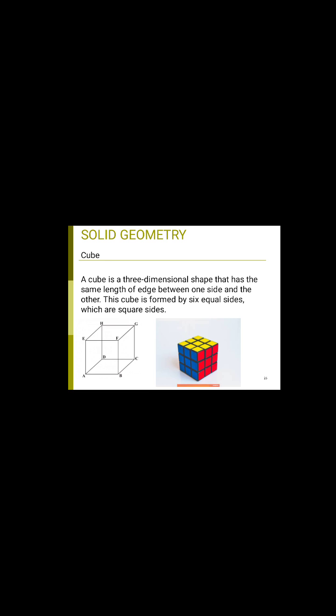Second, the edges of the cube are the same length. Third, the diagonals of the plane are the same length. Fourth, the diagonals of the space are the same size. And fifth, each of the diagonal planes on the cube is rectangular.